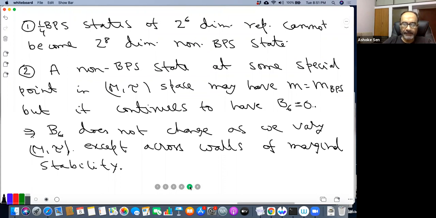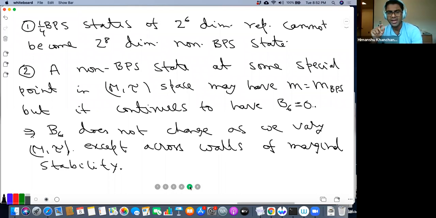This is again very similar to the Witten index. The Witten index counts the number of fermionic ground states minus the number of bosonic ground states, and you expect that at a generic point in the moduli space, all the excess states have become non-supersymmetric, and only a certain number of fermionic or bosonic states remain. So this is the version of the Witten index, but for particle-like states instead of the vacuum. The Witten index was defined to count the vacuum. This index is defined to count the number of particle states which are supersymmetric.